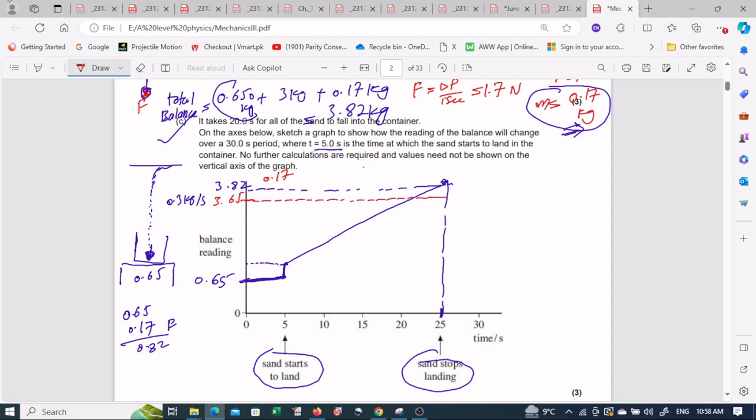Our reading jumps to 3.65 because now no force acts due to falling sand. Our final reading after 30 seconds is 3.65, because the sand is not falling.